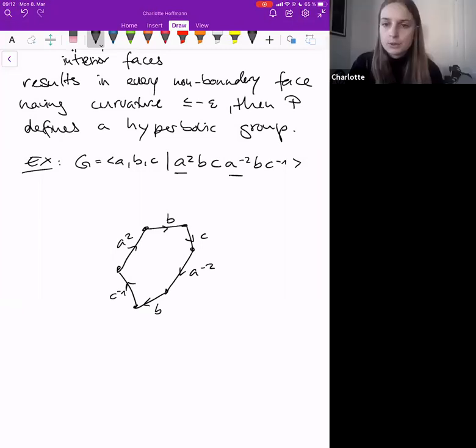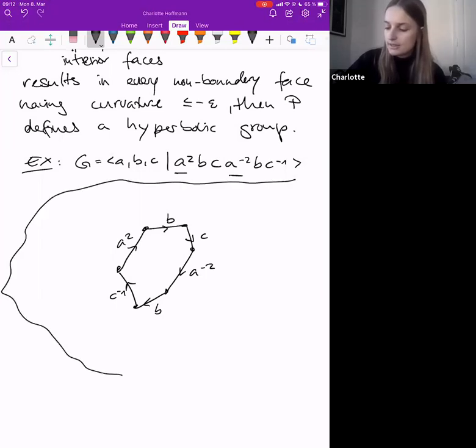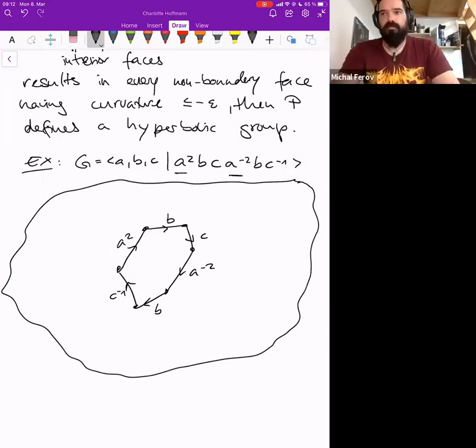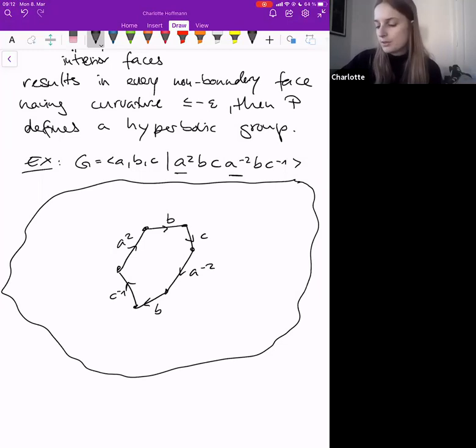Non-boundary means that the diagram goes on like this, and there's no edge incident with the outer face. This also means that the vertices all have degree at least 3, because there are some other faces adjacent, and all of the faces are labeled by some cyclic permutation of this relator, because we only have one relator.